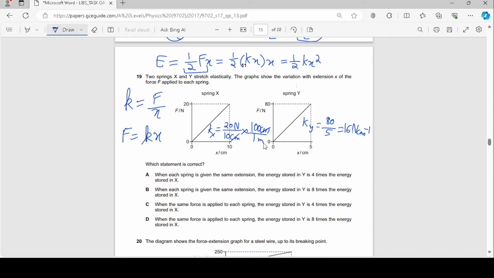So we get 200 newtons per meter. And then here, using the same logic, you would get 1600 newtons per meter. Okay. Anyways, when each spring is given the same extension, the energy stored in y is 4 times the energy stored in x.